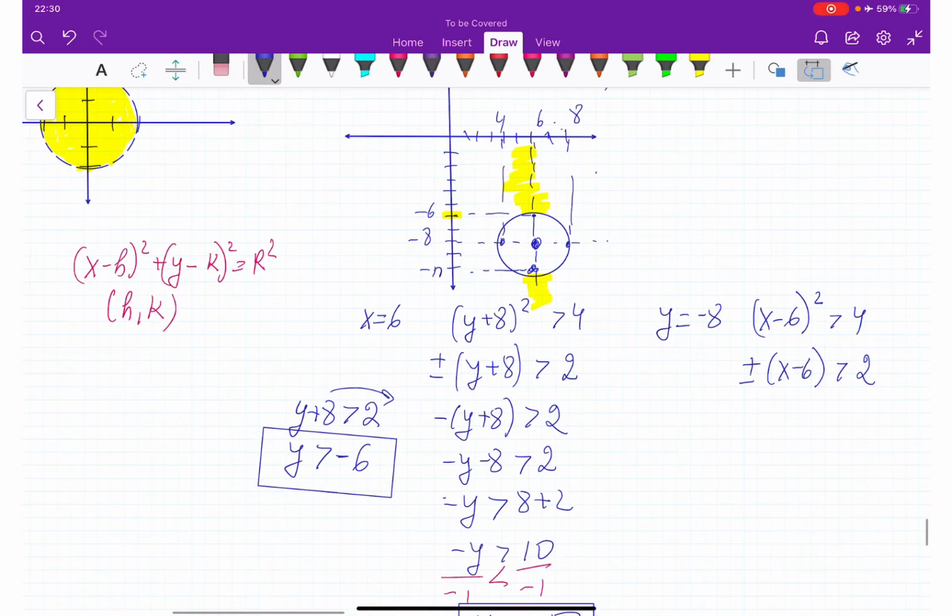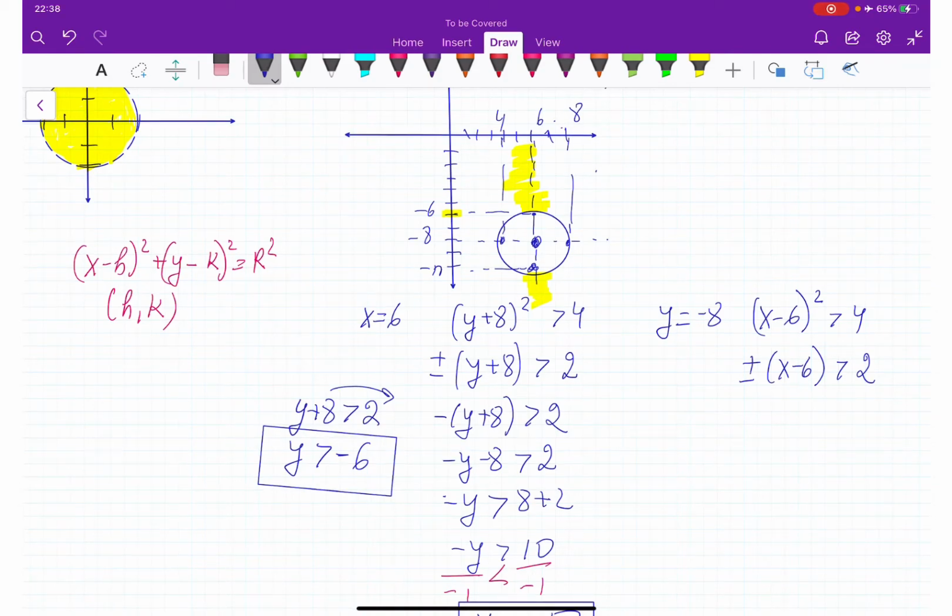So either x minus 6 greater than 2, and negative x minus 6 greater than 2. Here x is greater than positive 6 plus 2, x greater than 8.